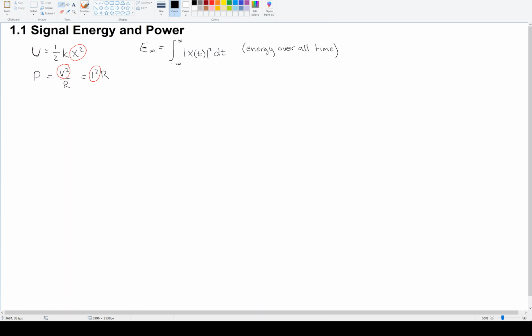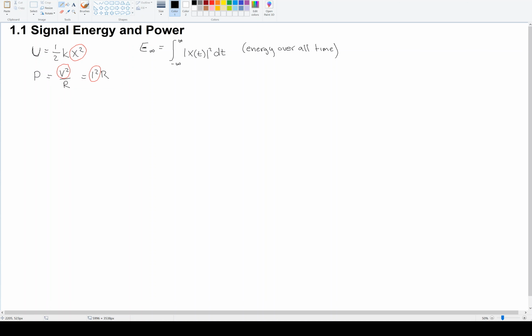Sometimes I get the question, why absolute value? Isn't squaring making it positive anyway? Well, as you will see in a few more videos, our signals can be complex, meaning they have a real part and an imaginary part. And squaring a complex number is not what we want.